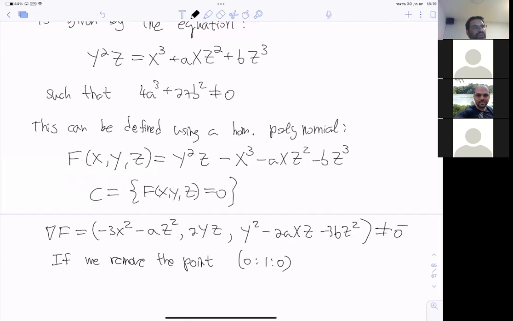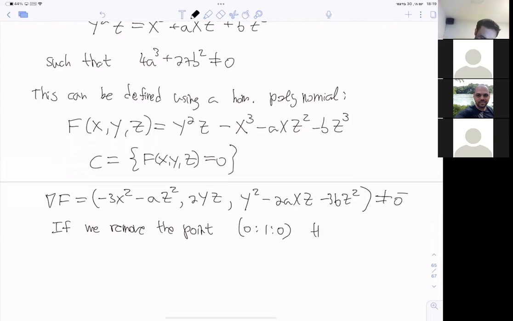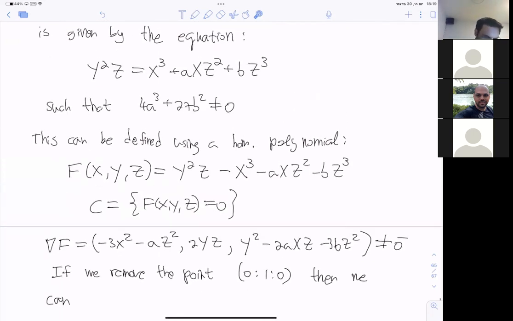once we remove this point, we can assume that z is not zero, because the only way z is zero is in this way. Look at this equation: if z is zero, then this is also zero, so x must also be zero.